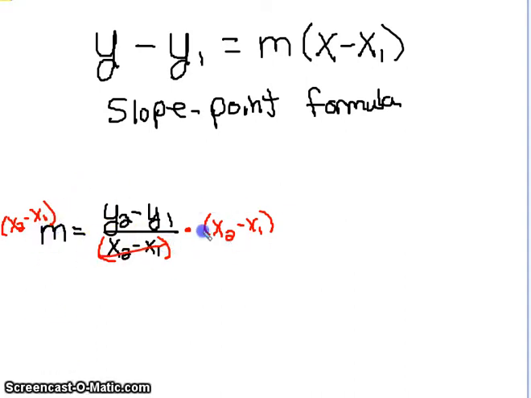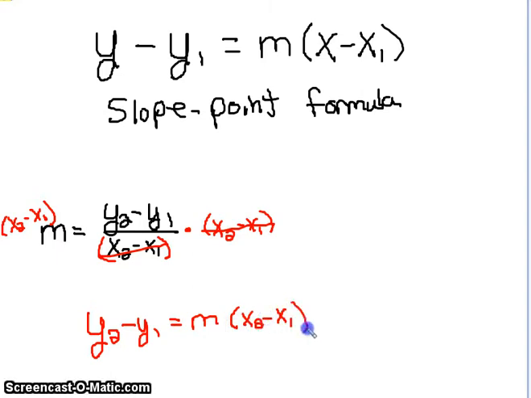That's going to isolate your y2 minus y1, and it's going to leave you with slope times x2 minus x1. So that's exactly where that formula comes from. All of us should know that the slope is equal to y2 minus y1 over x2 minus x1. And that's actually what we're going to have to use for the next formula.